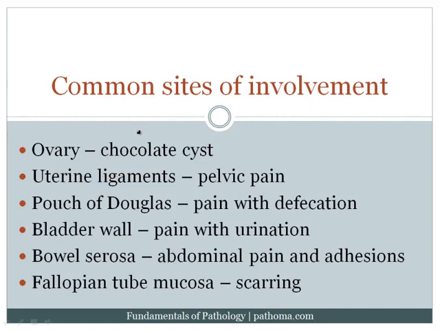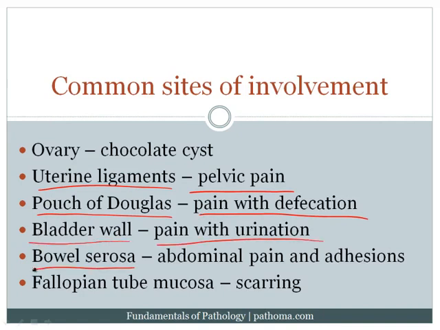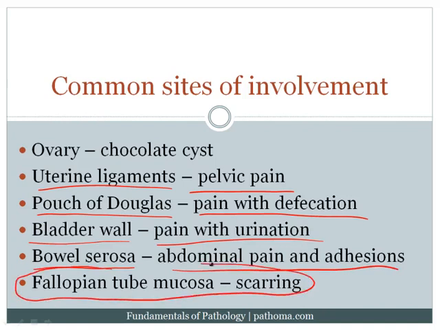Other places where you can have involvement are the uterine ligaments, which would cause pelvic pain; the pouch of Douglas, which would give pain with defecation; the bladder wall, which would give pain with urination; the serosa of the bowel, causing abdominal pain and adhesions; and the fallopian tube, which can result in scarring.